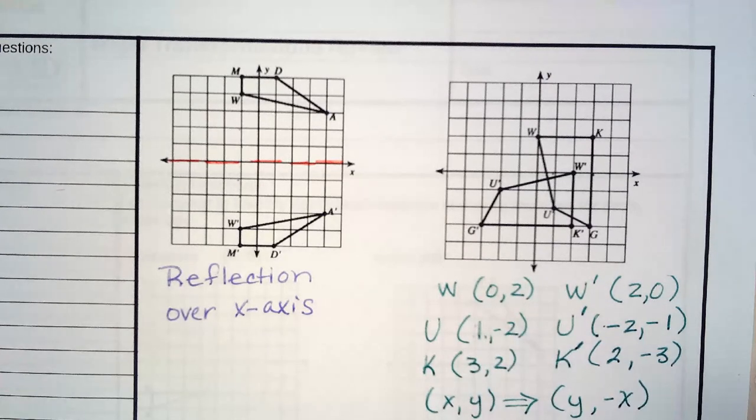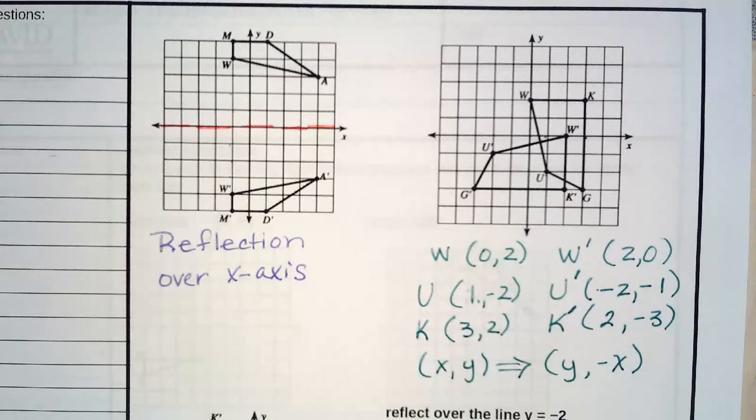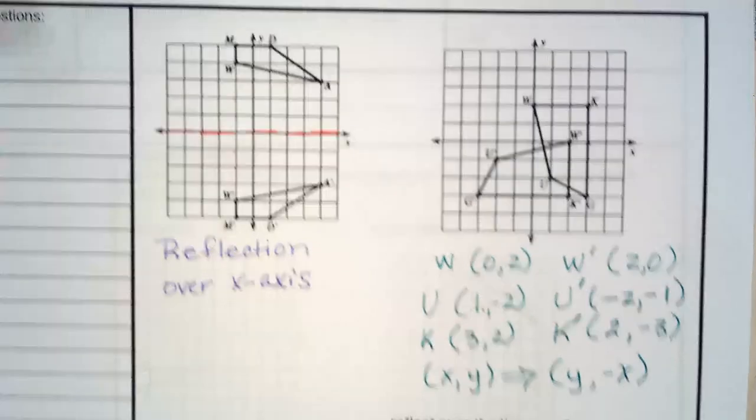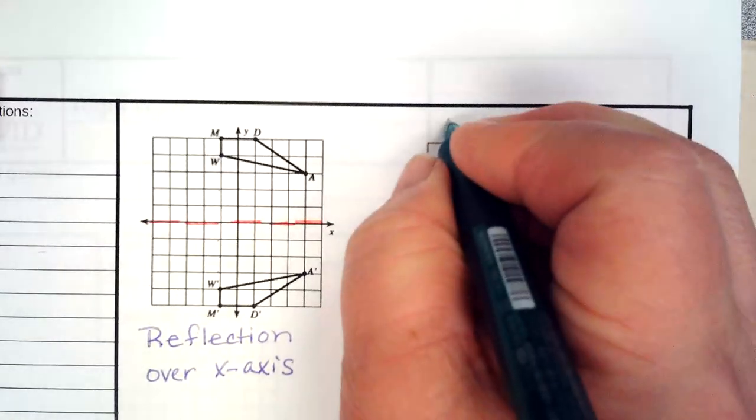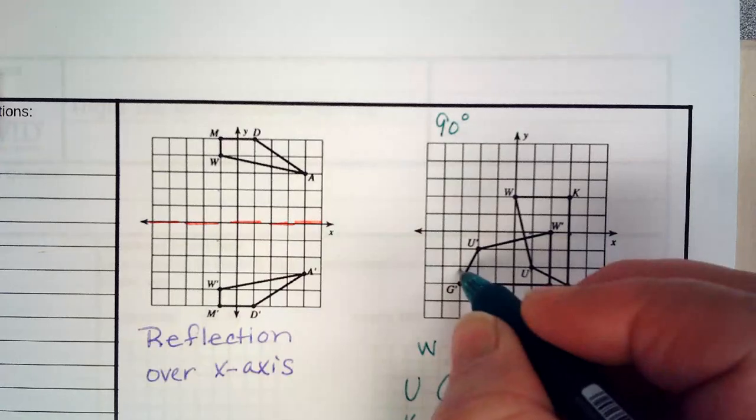This is a rotation, and it happens to be a 90-degree rotation clockwise. You're starting here and you're swinging it around this way.